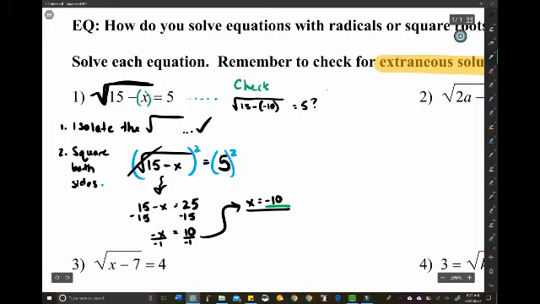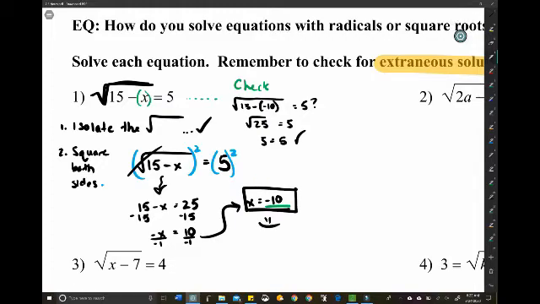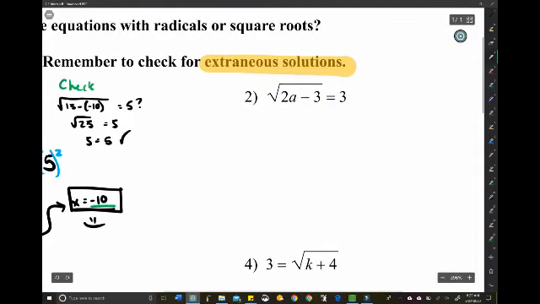Well, the square root of 15 minus negative 10 is the square root of 25, because it's minus a negative, which equals 5. 5 equals 5, checks out. So I will box it off as a formal answer. It's checked.